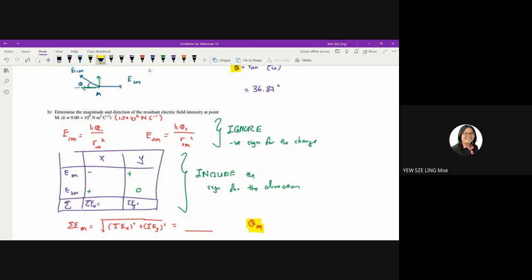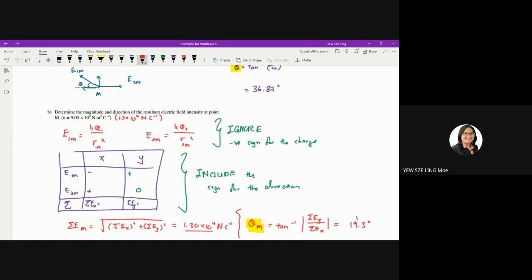So theta M is equals to tangent inverse of the modulus of summations Ey over summations Ex. All right, so you should get a value that is equals to 19.3 degrees. So the resultant is 1.30 times 10 to the power of 4 N C^-1.